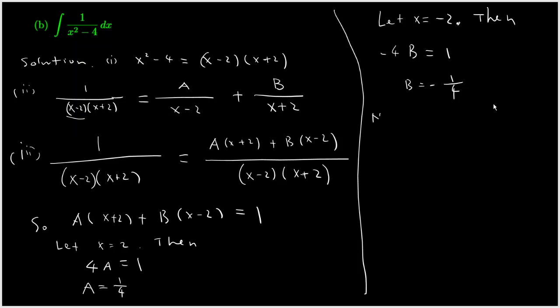Now using the form of the partial fraction decomposition, you see why we need it. You have 1 over x minus 2 times x plus 2 equal to, for the first term, 1/4 times 1 over x minus 2, and then minus 1/4 times 1 over x plus 2. Is that right?